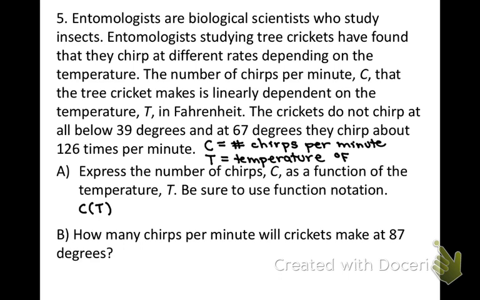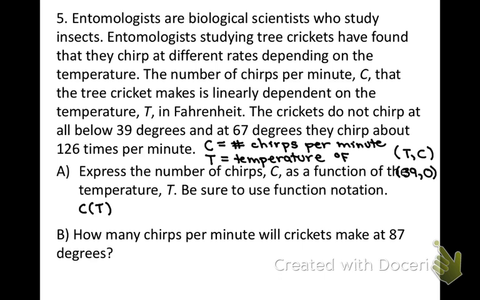Now, keep in mind that in this problem, my function notation is C of T. That means that C is acting like my Y, and that T, the temperature, is acting like my X. So when we think of this as a point, we're looking at it as T, comma, C. So when I take that information that says the crickets do not chirp at all below 39 degrees, as a point, that's actually going to be written as 39, comma, 0.